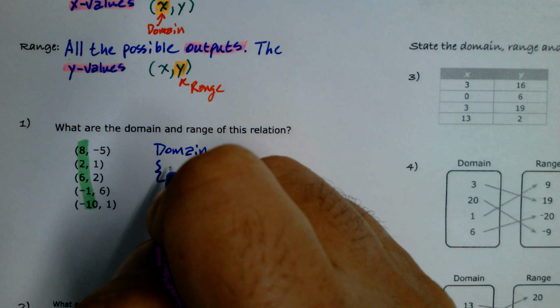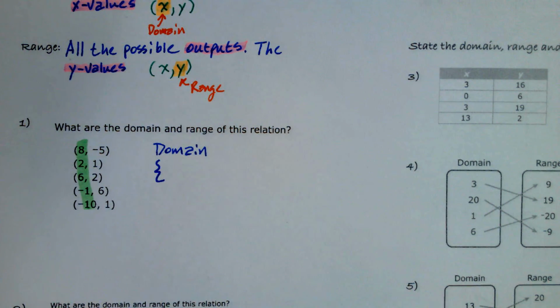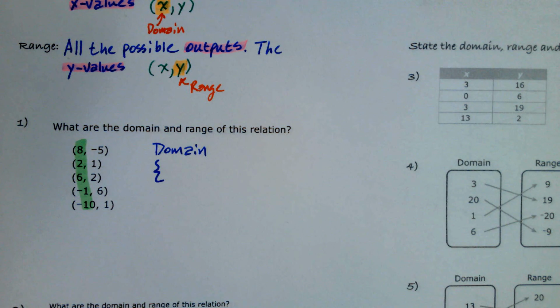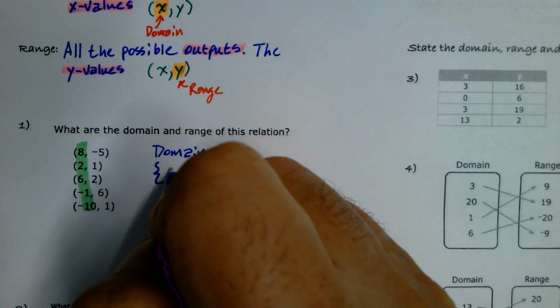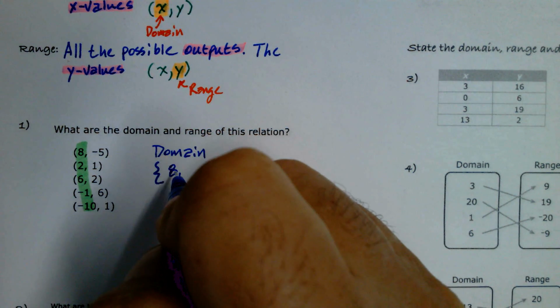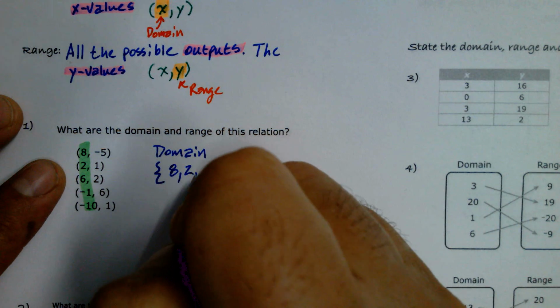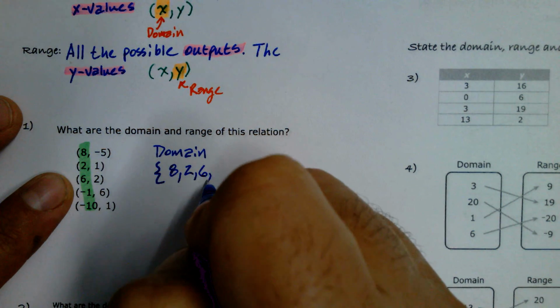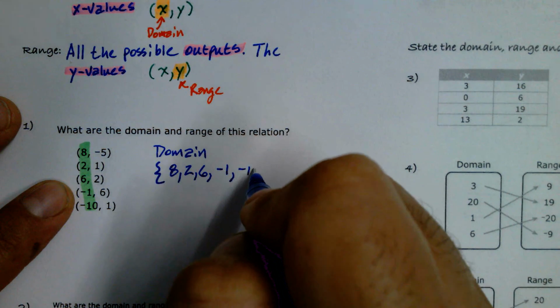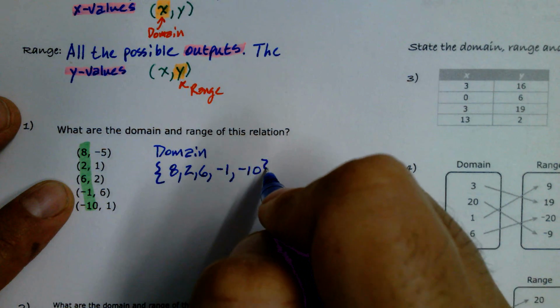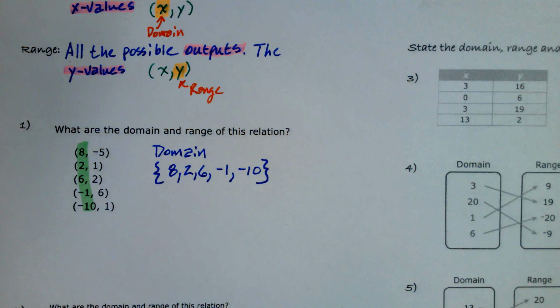If we're listing our domain, it doesn't have to be in numerical order. In other words, we don't have to go from least to greatest. You could just list them. So maybe I would just do 8, then 2, then 6, then -1, -10. Okay. That's a domain.